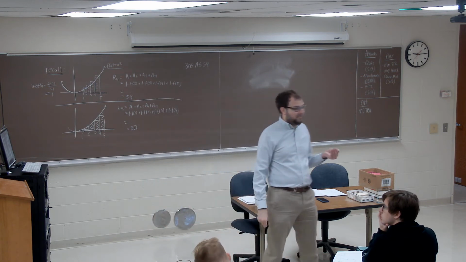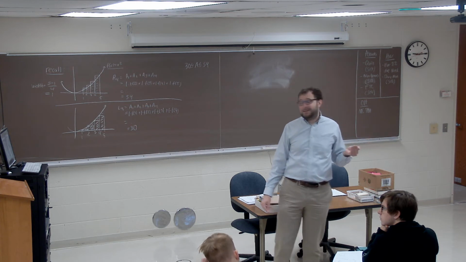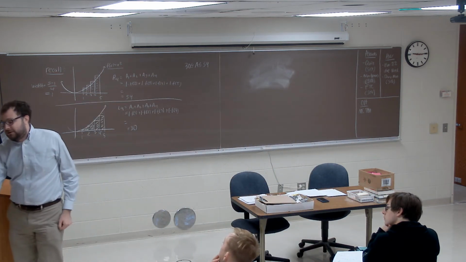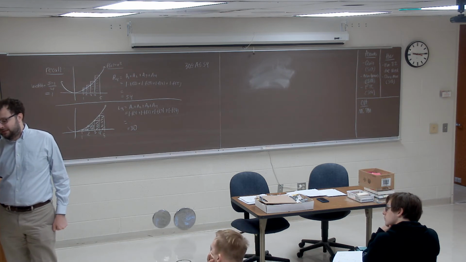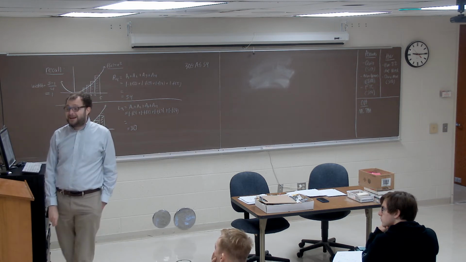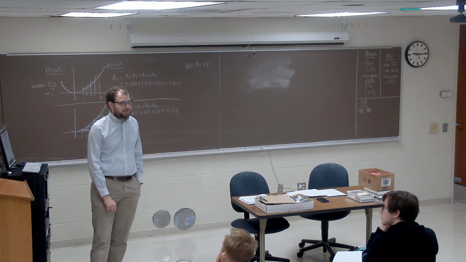Because if you let the number of rectangles get bigger and bigger and bigger, the right endpoint approximation, and for that matter, also the left endpoint approximation, will give you better and better approximations for the actual area. Some of you are giggling at this. You know what's coming up in the next standard, don't you?